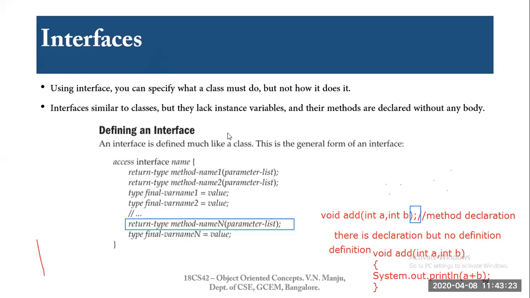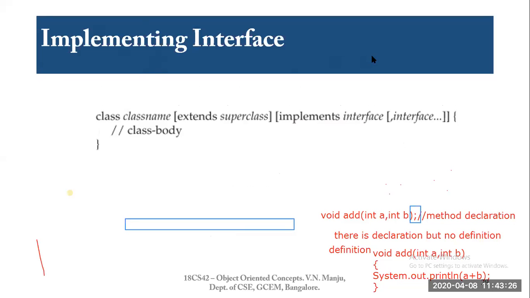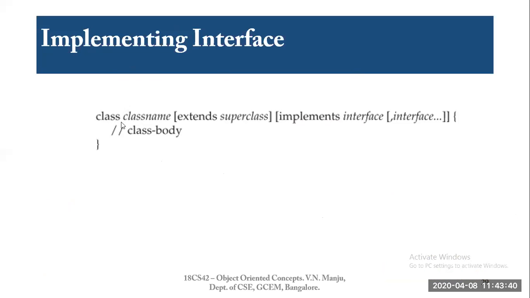Everybody will have a doubt: why then interface? See here, whenever I am going for an interface: class name extends superclass. You have seen extends. Where did we use extends? We used extends in inheritance. And see very carefully, here I have something called implements, implements interface.